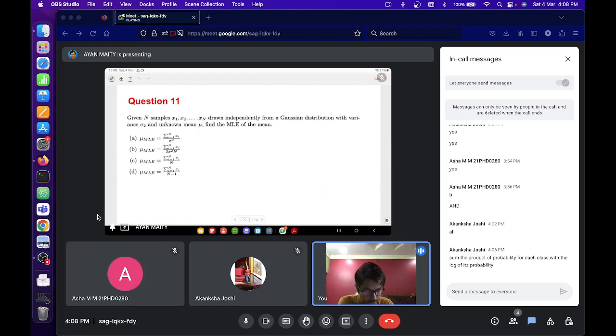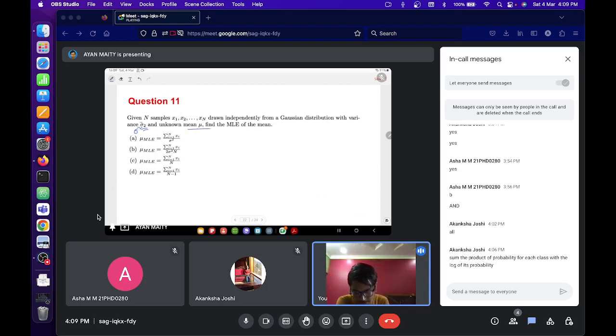Question 11. This is on parameter estimation. Given n samples x1, x2, up to xn drawn independently from a Gaussian distribution with variance sigma square, so this is actually sigma square, not sigma subscript 2, and unknown mean mu.